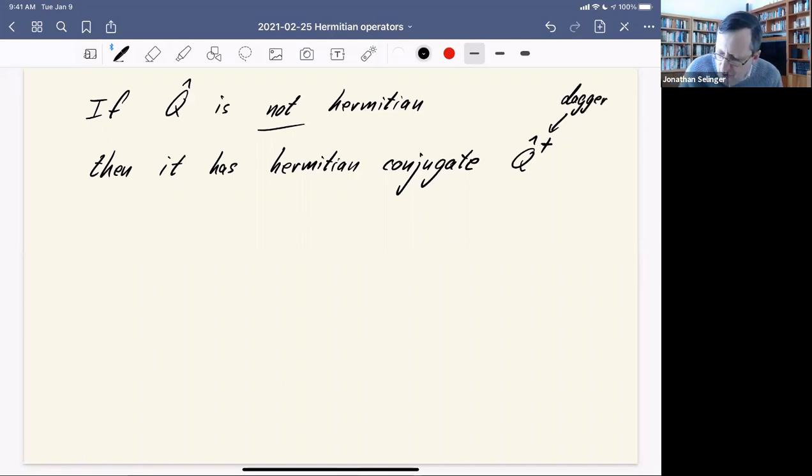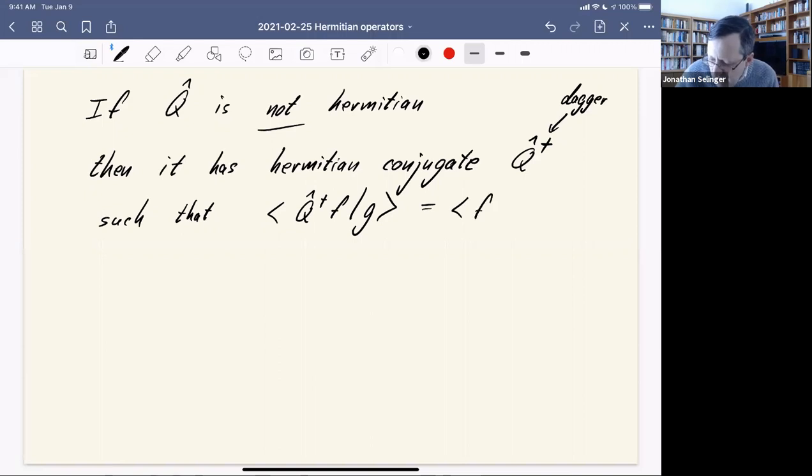So if Q is not Hermitian, it has the Hermitian conjugate Q dagger, such that Q dagger acting on f, inner product with g, is equal to f inner product with Qg.